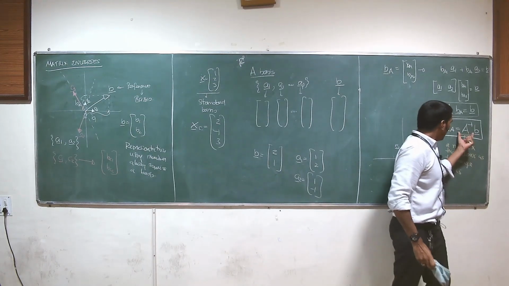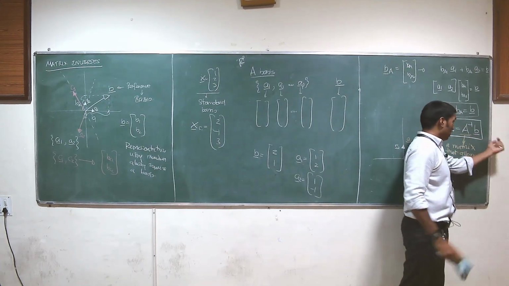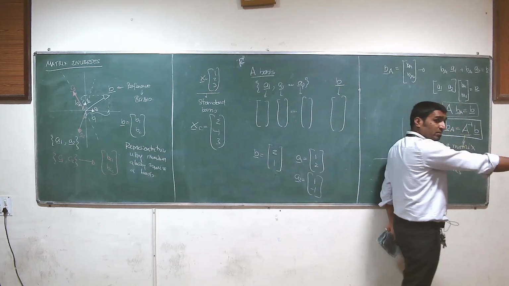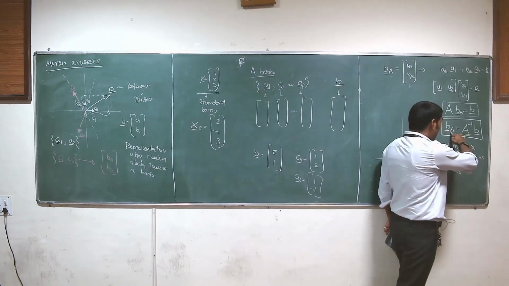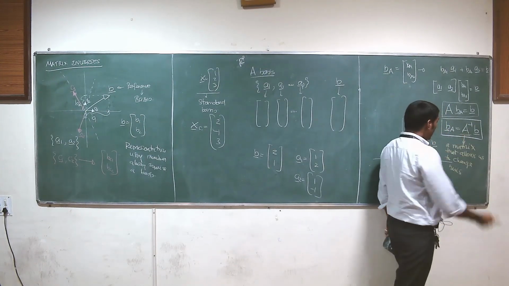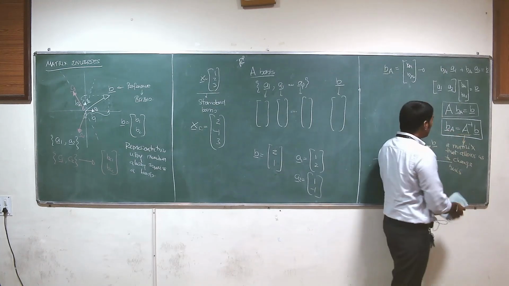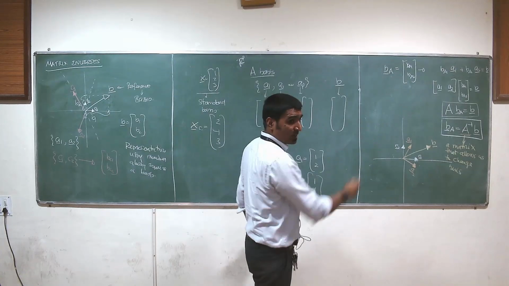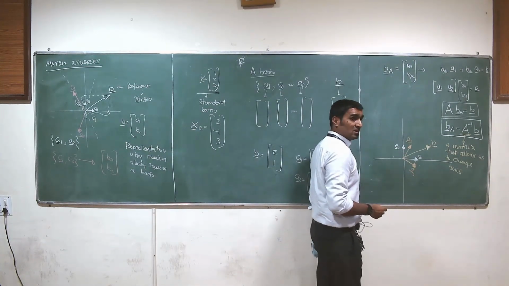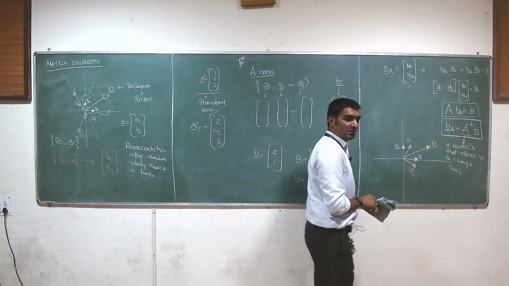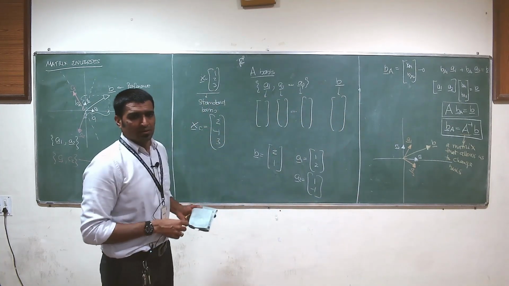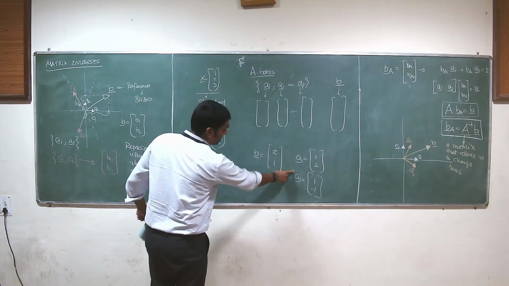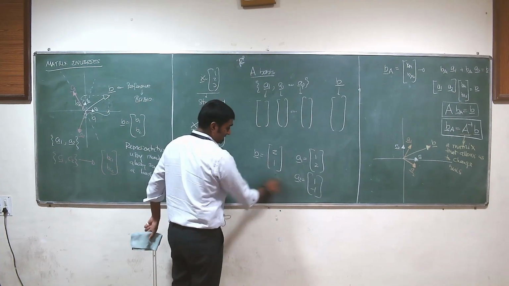Because if you post multiply A inverse by a vector represented in the standard basis, what you get out is the representation of the same vector in the A basis. Okay, and the A basis are simply the columns of A. And that is exactly what, at least geometrically, an A inverse means. It's a matrix that allows you to change basis. Is that clear?